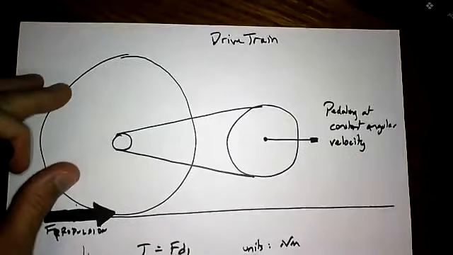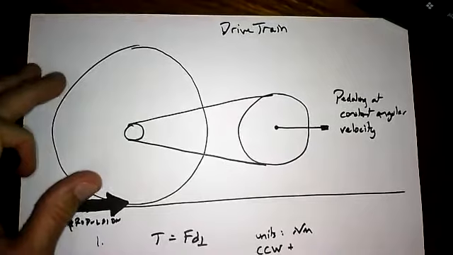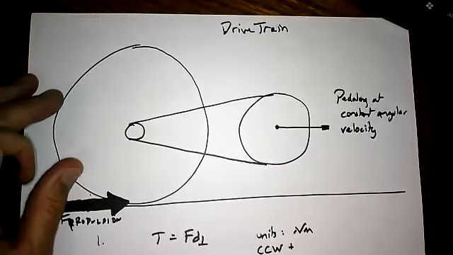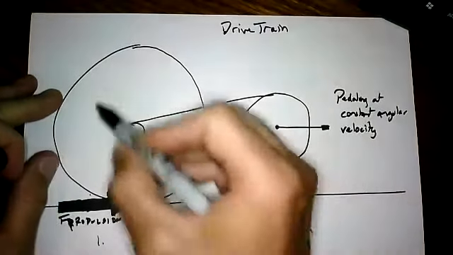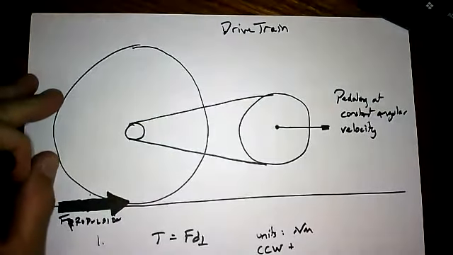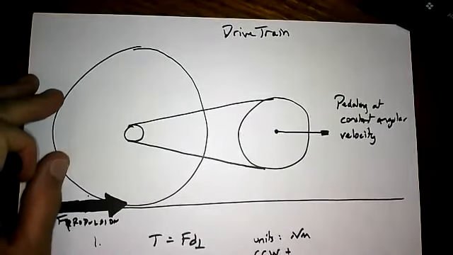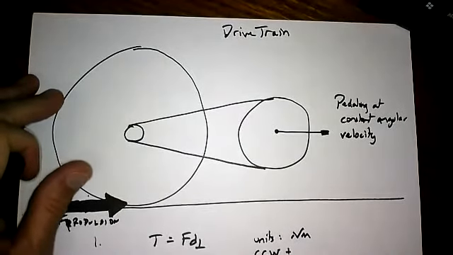So the cyclist is trying to maintain a particular cadence, 80 RPM, 90 RPM, whatever it is. He or she is trying to maintain that constant spinning of the crank and therefore constant spinning of the rear wheel. In reality, we know that doesn't necessarily happen, but it's a place to start.